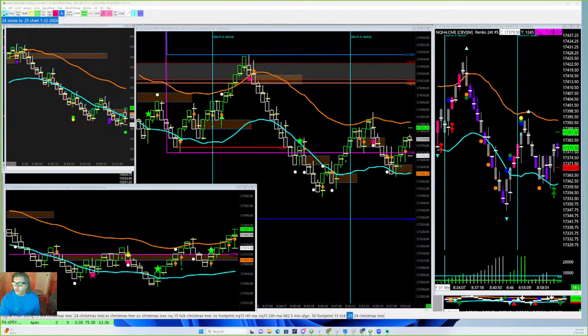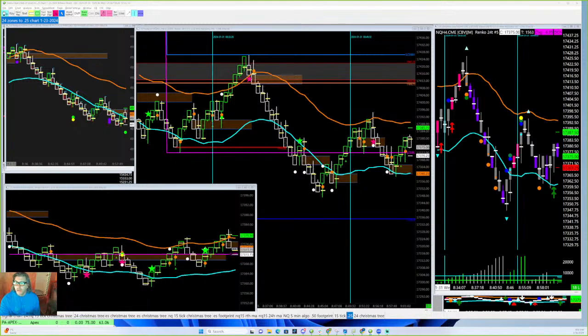I'm looking at a potential short at 17,374.50, just experimental on the 25 cent. See that orange dot there, so I know if it closes down, there'll be orange dot up, orange dot down. Short, stop's already in place.